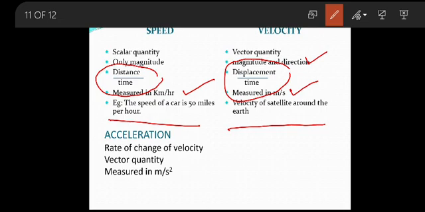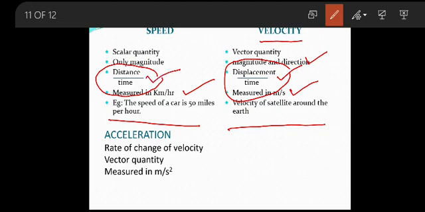So, since velocity is a vector quantity, can I say displacement is also a vector quantity? Yes, displacement by time becomes velocity. That is the formula for velocity. So, displacement is also a vector quantity.